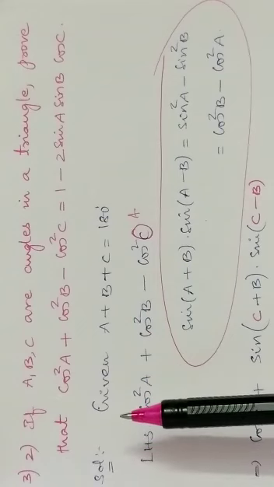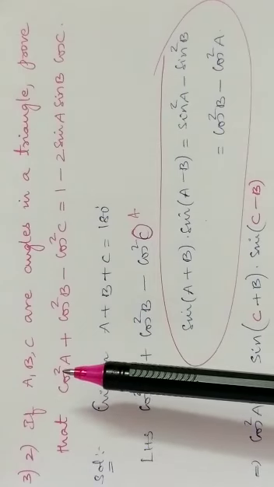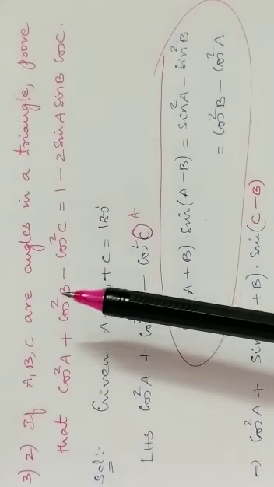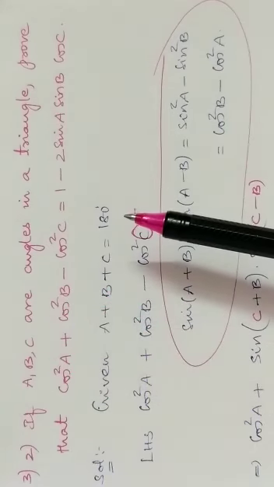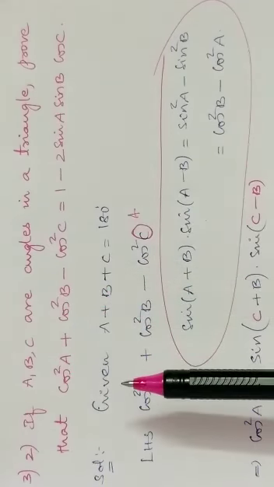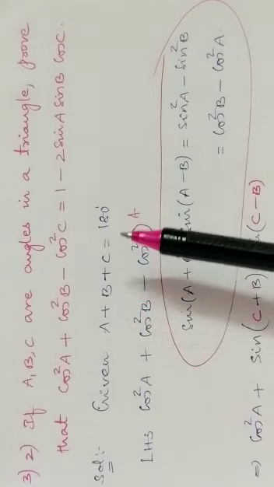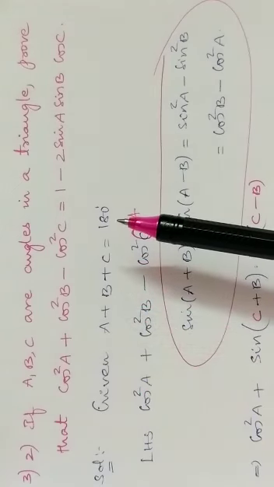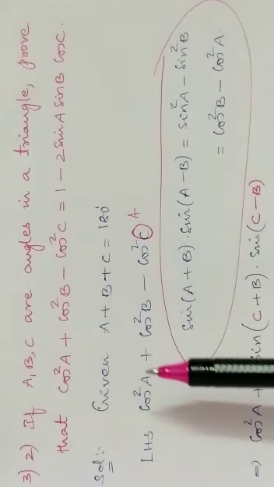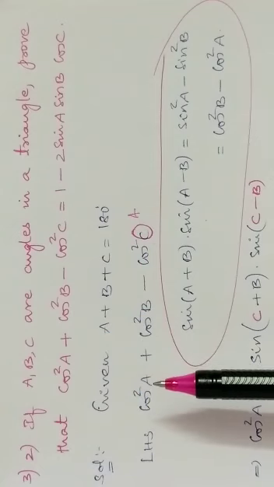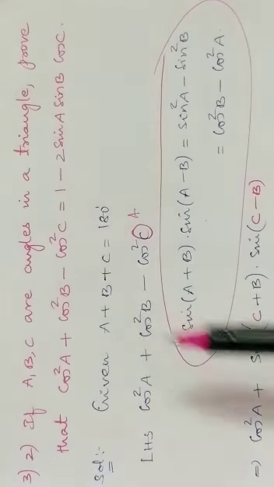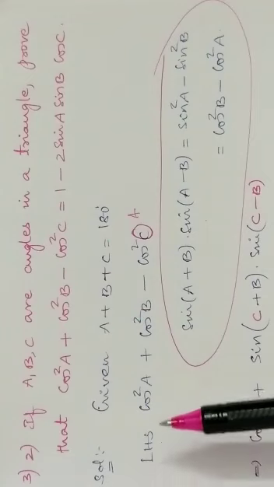According to the hypothesis, A, B, C are angles in a triangle, so the sum of three angles is 180. Given A plus B plus C equal to 180. Take LHS. What is LHS?